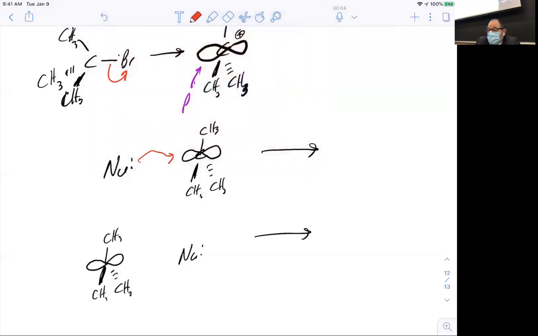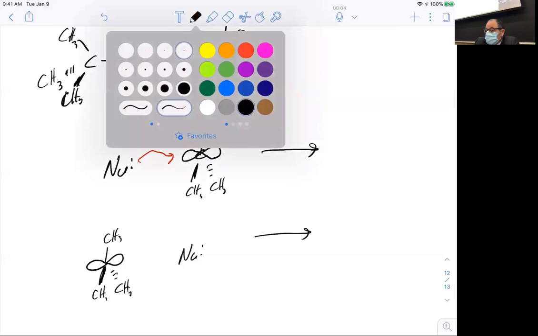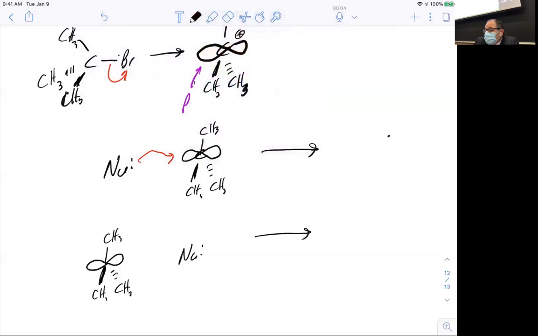So I could get backside attack to end up giving me, again, there are no stereo centers here, this species.